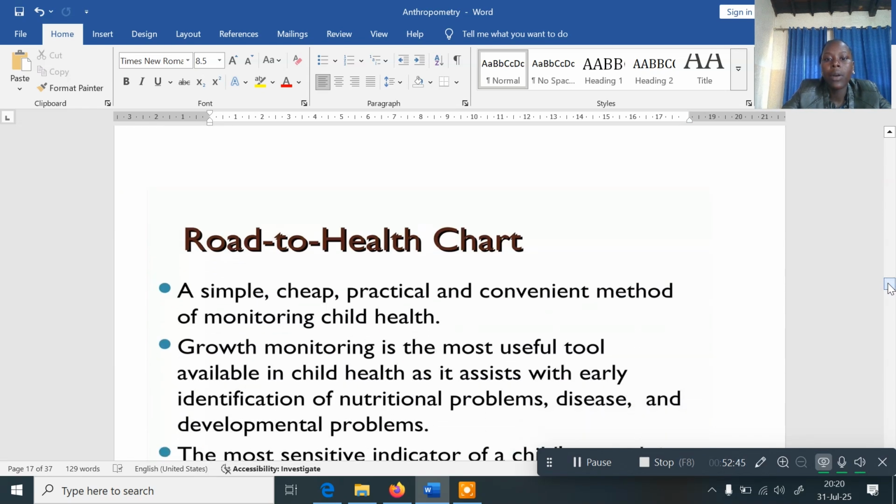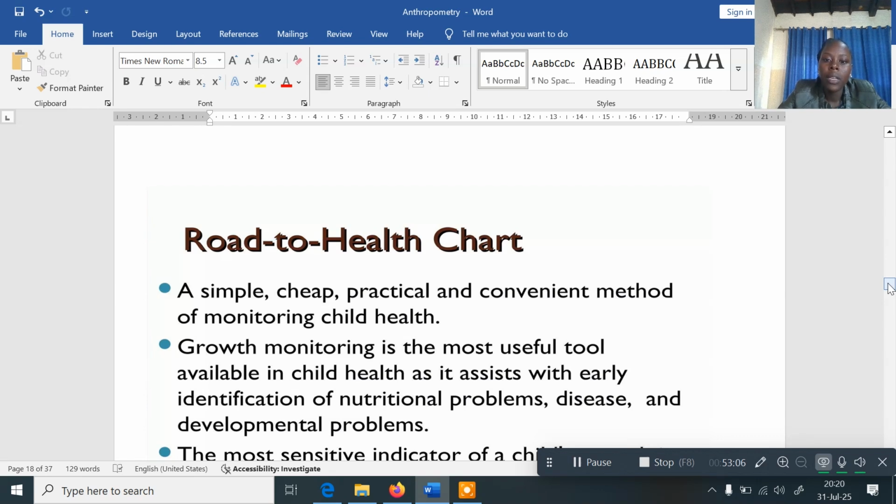So next we are going to look at the road to health chart, okay? A simple, cheap, practical, and convenient method of monitoring child health. So this health chart is a simple, cheap, practical, and convenient method of monitoring the child's health.